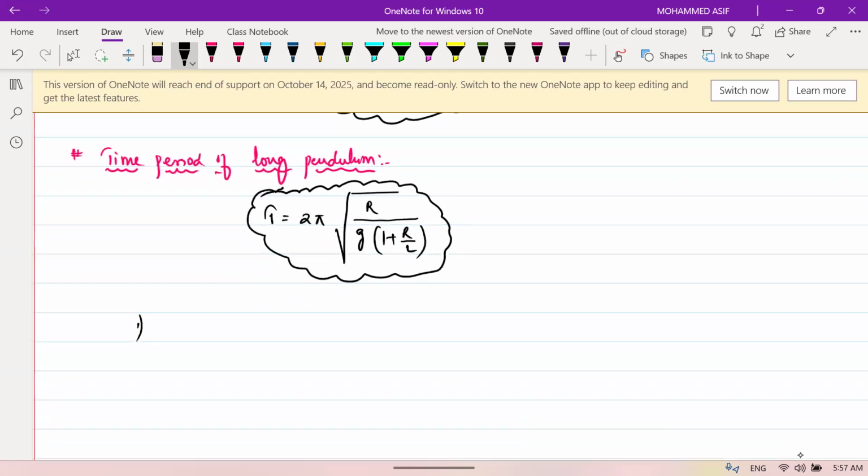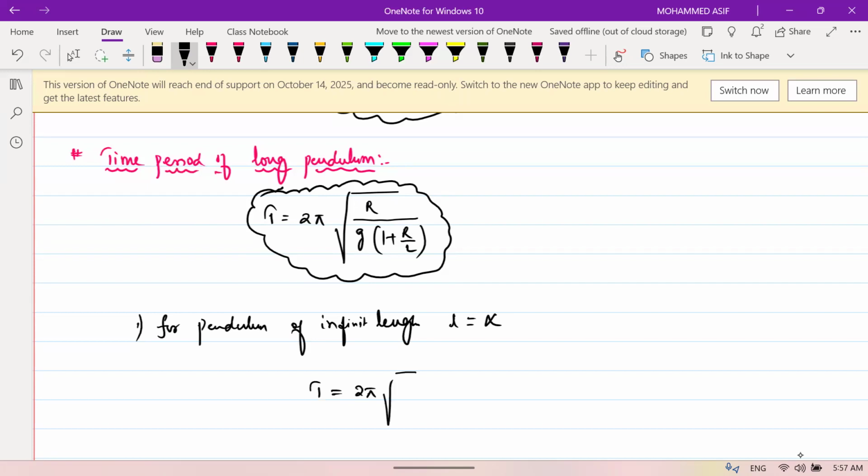For a pendulum of infinite length, when L is equal to infinity, anything divided by infinity will be equal to 0. Then the time period will become T is equal to 2 pi under root of R divided by G.